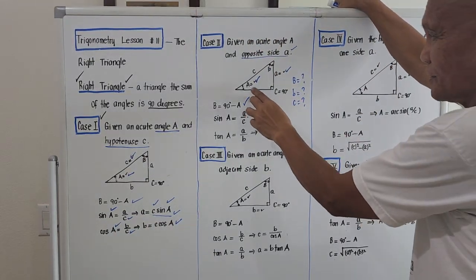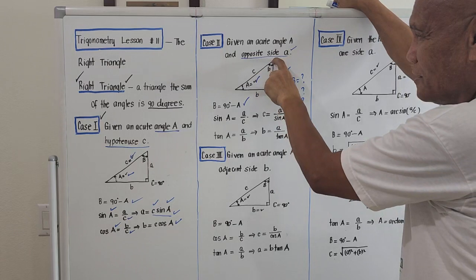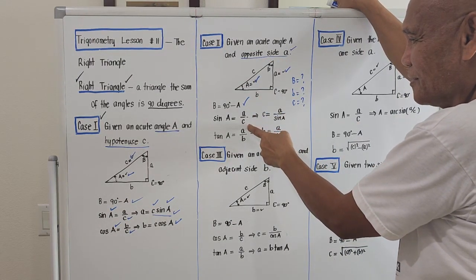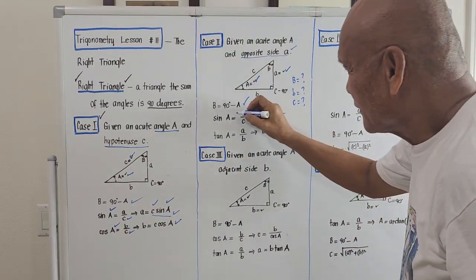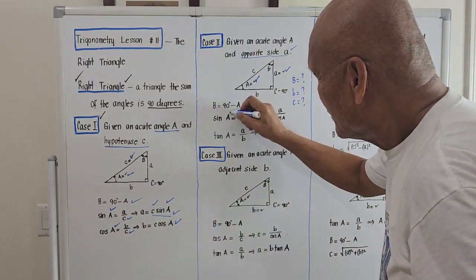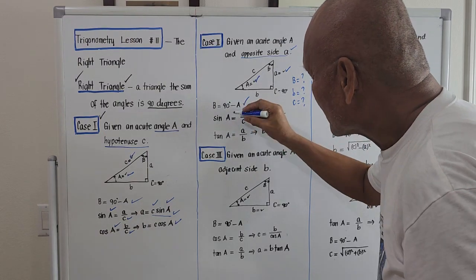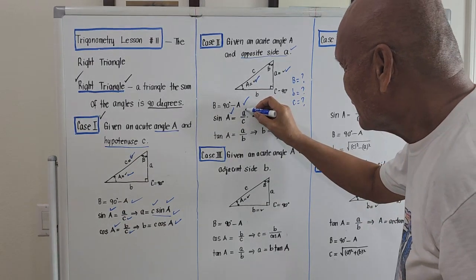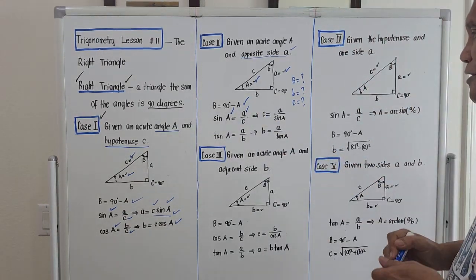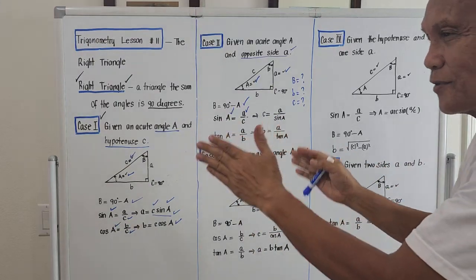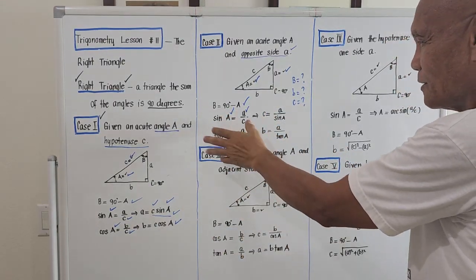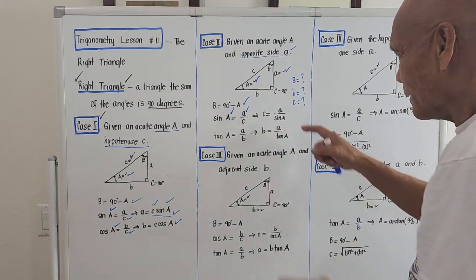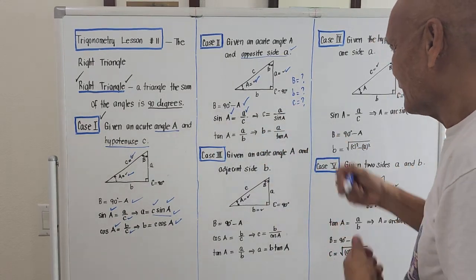So if we take the sine of angle A, it should be A over C. What is given is angle A and side A. So if we try to compute for C, by algebraic manipulation we cross multiply, and the product of sine A times C will be equal to A, or C will be equal to A over sine of A.